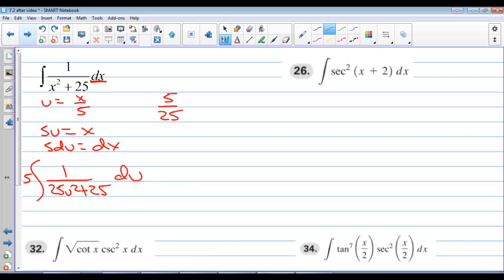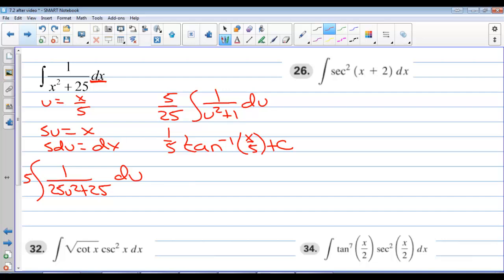We factor out the 25 in the denominator, pull it out front, and we have what we need. We needed that u squared plus 1. So we have 1/5 inverse tangent of u, which happens to be x over 5. And then notice I'm writing every time plus c because it's an indefinite integral.